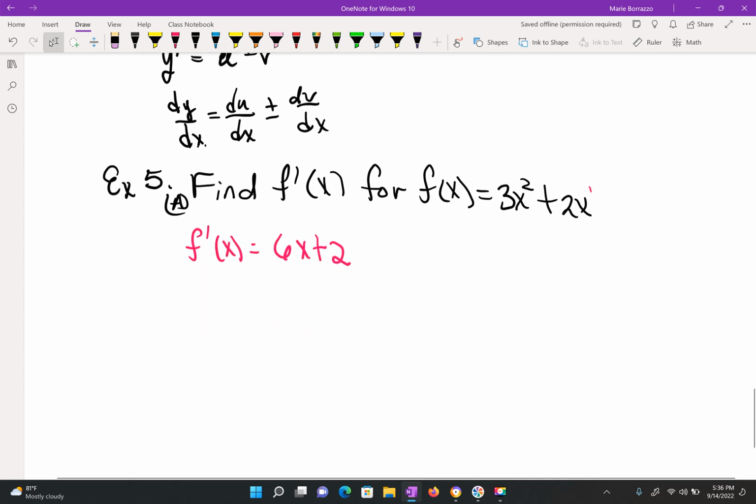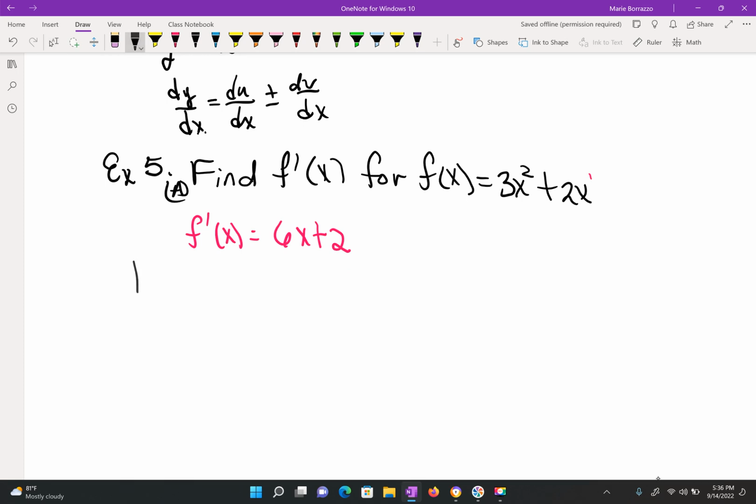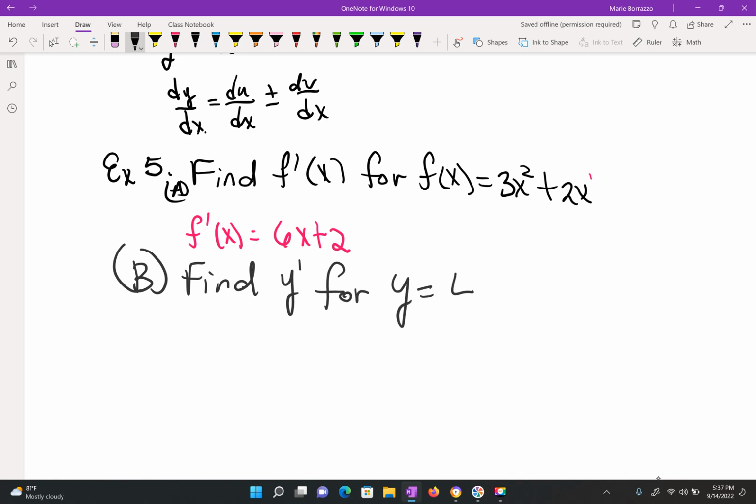Alright, so let's take a look at part B. Okay, in part B, it says find the first derivative for y equals 4 plus 2x cubed minus 3x to the negative 1. Who wants to answer this one?